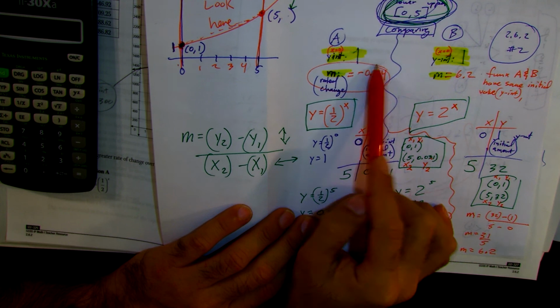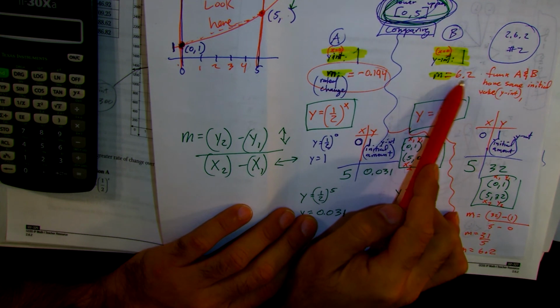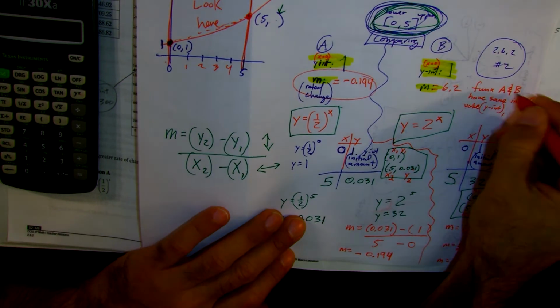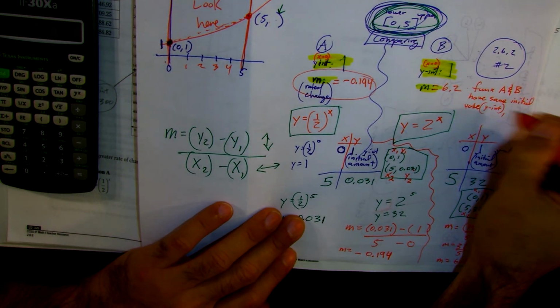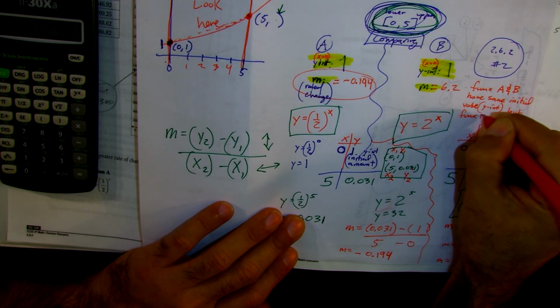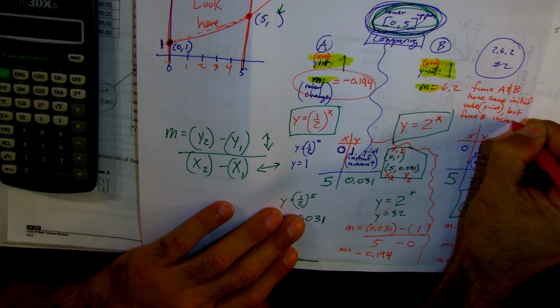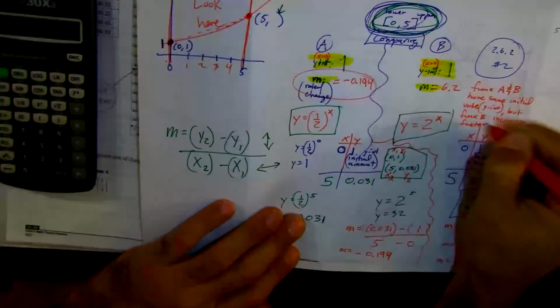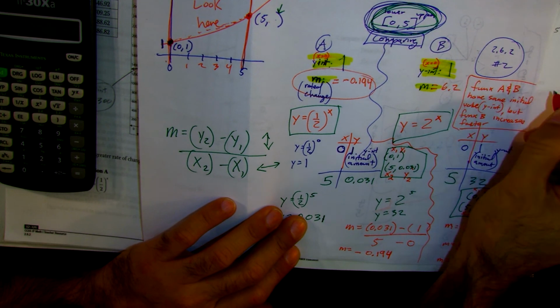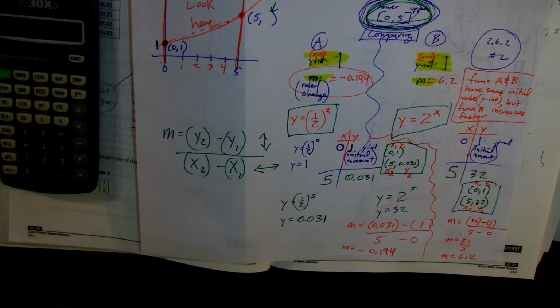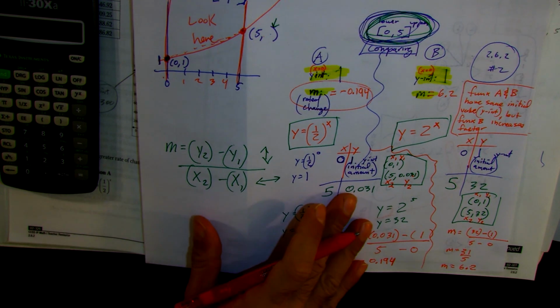When we're comparing slope, the greater the number, the faster its rate of change, the faster it's growing. So you could say function A and B have the same initial value, but function B increases faster. I don't even think we have to say that function A is actually decreasing. We could just say B is going faster.